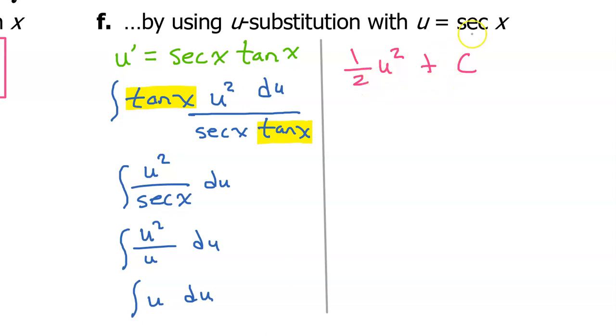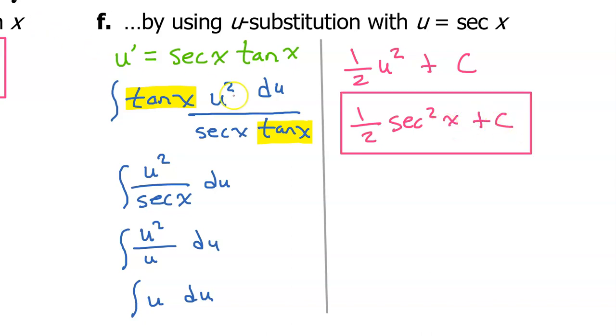And then putting the original value of secant back in, we get 1/2 secant squared x plus c. Kabam! That is the answer. And we're done with that problem.